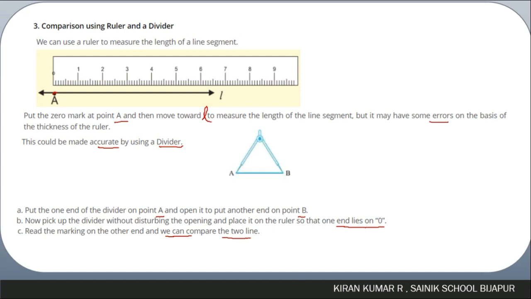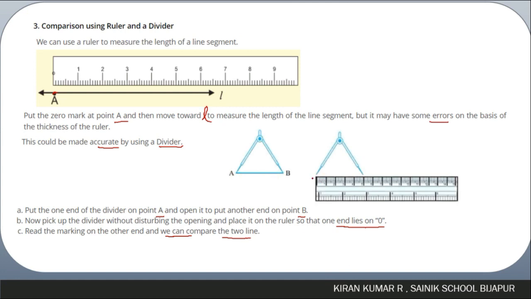Look at this figure. Here a line segment AB is to be measured, so the ends of the divider are placed at A and B. Then using the ruler, one of the ends is placed at 0. The other end gives the measure of the line segment.